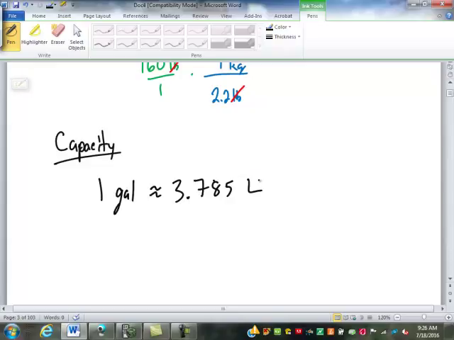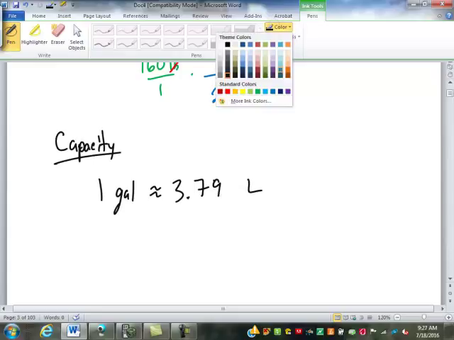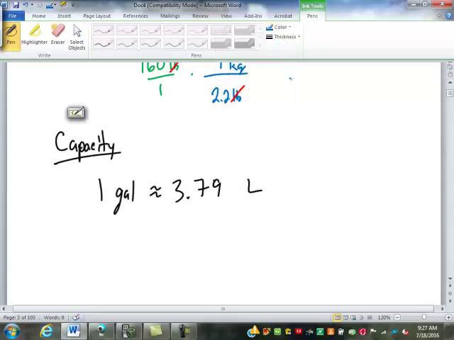Actually, I believe your textbook uses just 3.79, so I'm going to round it back to that. 3.785 is the one I've always used. It's like 3.7856 or something like that. So it does round to 3.79 if they're going just 2 digits. So again, this is our standard to metric conversion.